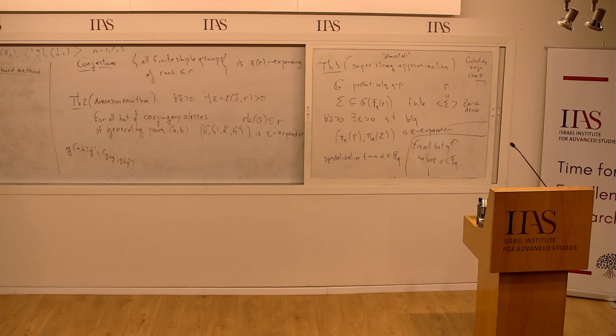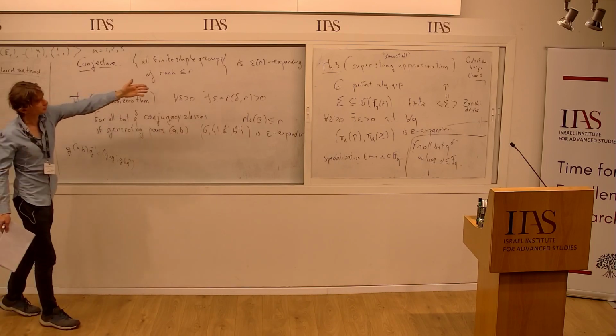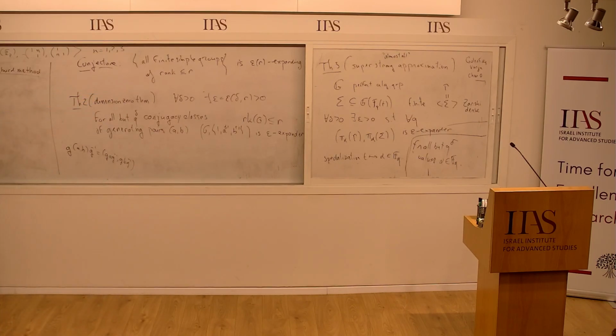In fact, they proved it for every n, and they proved actually that if you start with a Zariski-dense subgroup of SL2Z, then when you reduce modulo primes, you get expanders, which is the super strong approximation case in characteristic 0 for SL2. So what this method requires is the following things.